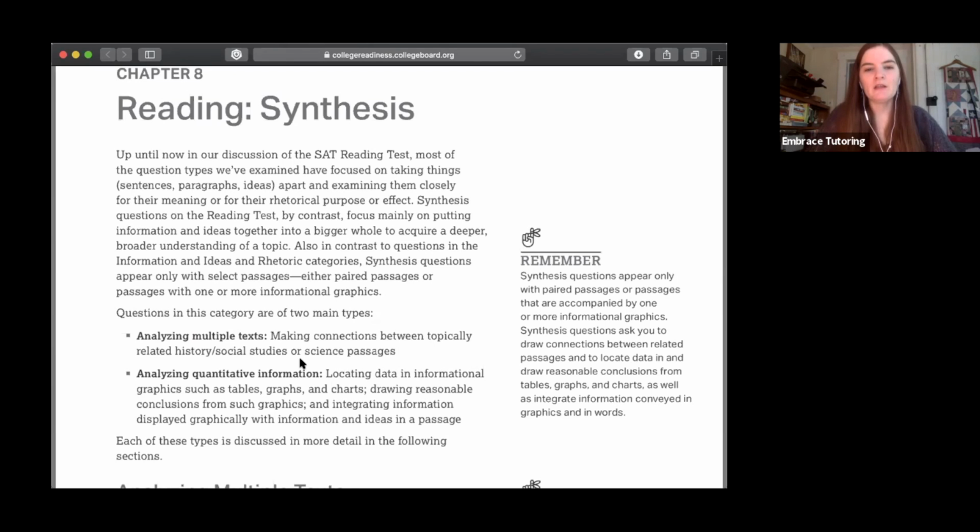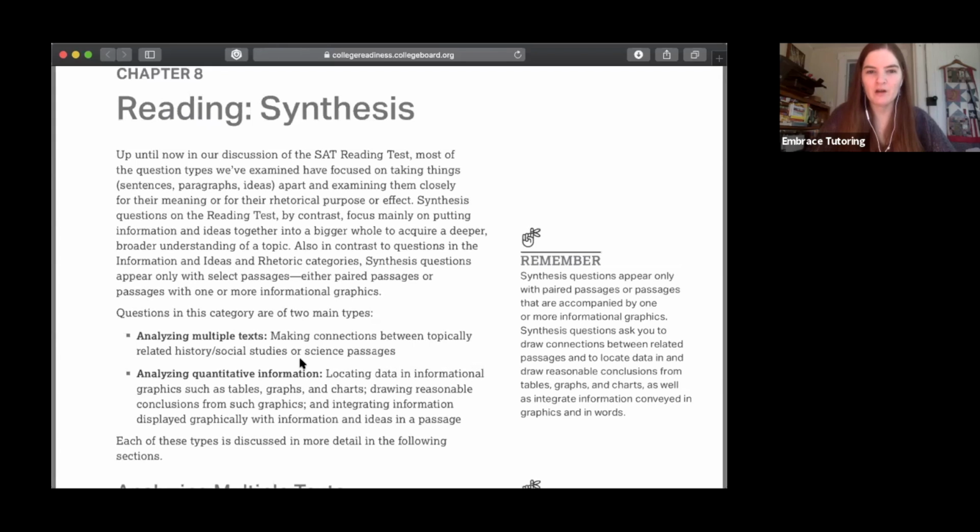But the synthesis section is a bit more complicated, because synthesizing is a process where you are performing a different level of knowledge.